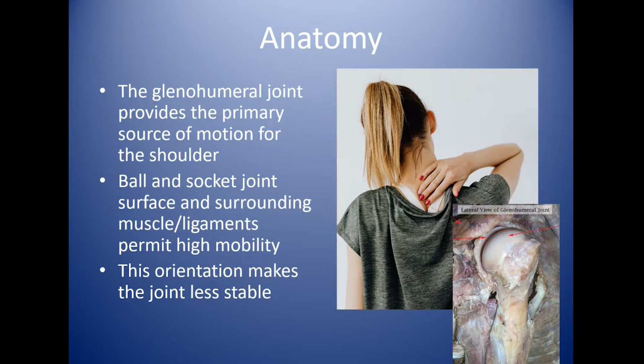In the shoulder, the analogy I like to give patients is that it's like a golf ball sitting on a golf tee, so the socket is very shallow. In the little picture you see there, which is a surgical dissection of a cadaver, you see a big round ball, and then a real shallow socket to the left-hand side. What that does is provide a significant amount of mobility of that ball and socket joint.